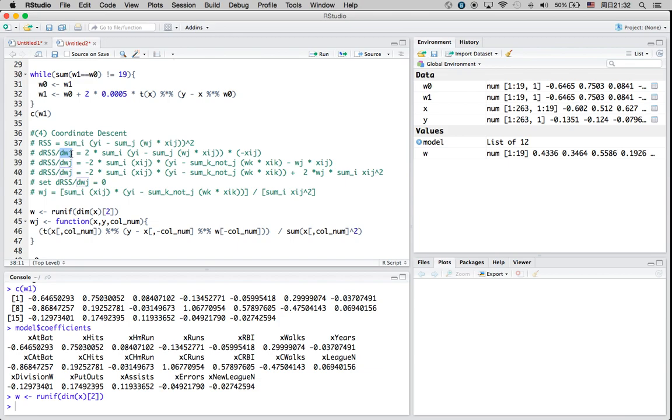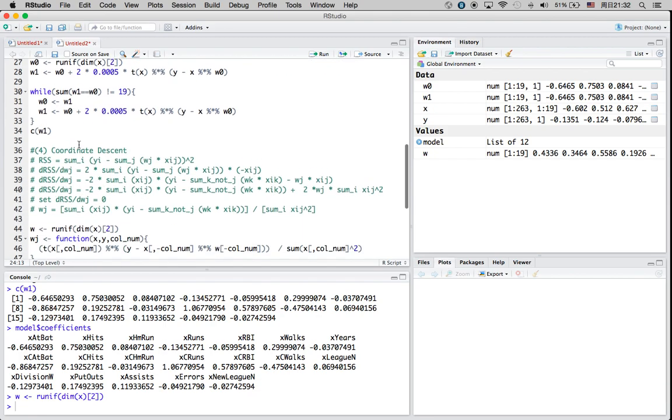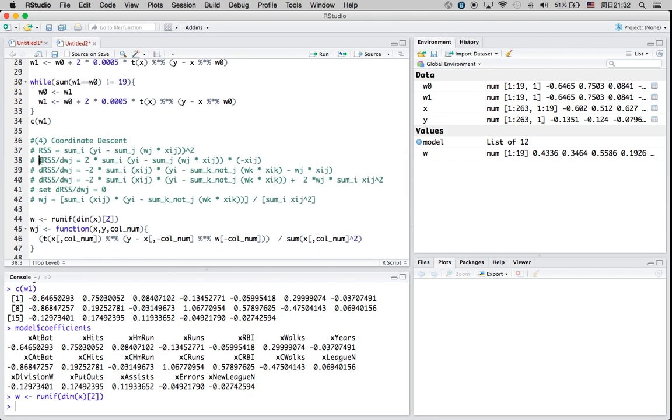Since we are updating one coefficient at a time, instead of taking the derivative of the residual sum of squares with respect to all of beta, where beta is a vector of 19 coefficients, here we are going to take the derivative of the residual sum of squares with respect to one coefficient, one at a time.